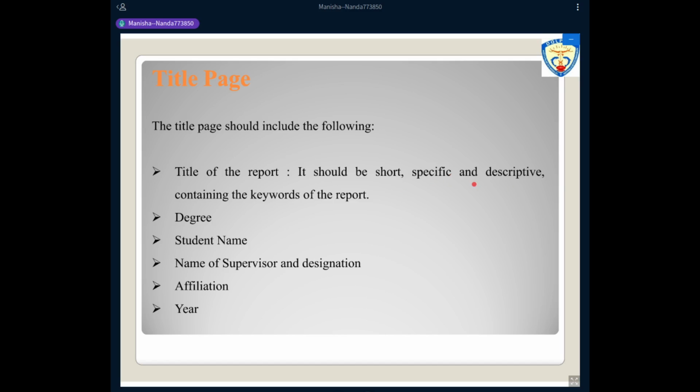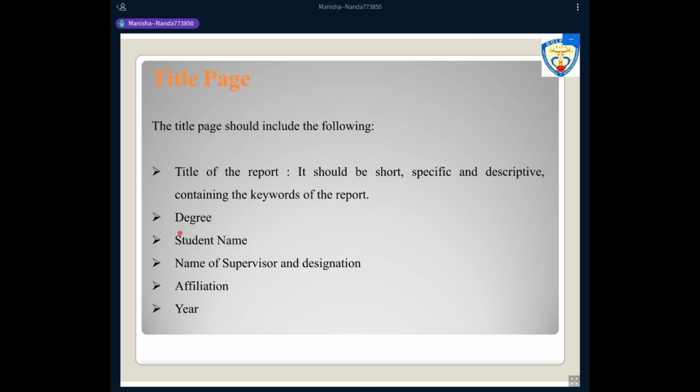This means that you should take very smart keywords which actually define your research completely, and it should contain the keywords of the report. Keywords are the important words that define your research, and they also help somebody to search for your work, right? So you must keep in mind that those keywords should be very smartly chosen.